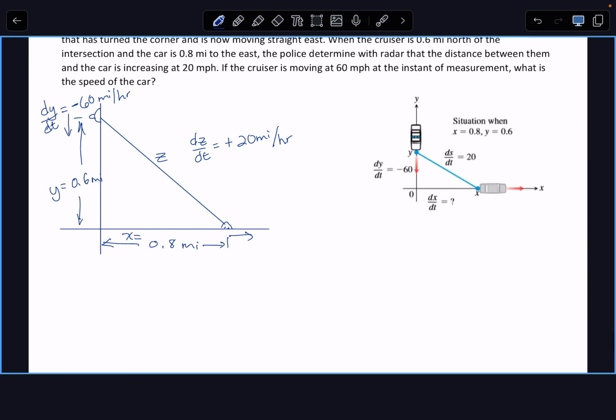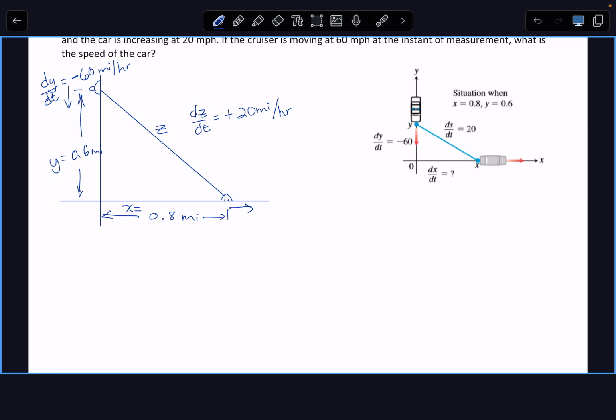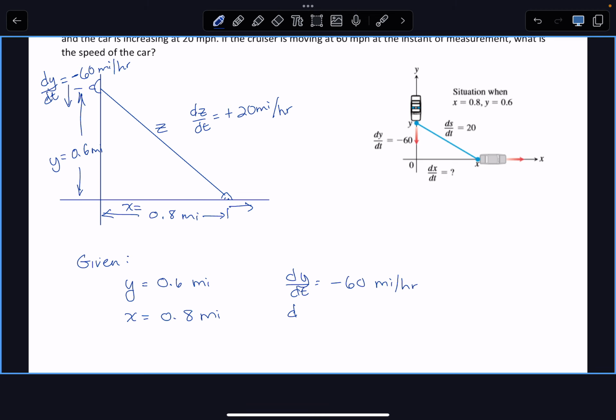Okay, so let's write down what we know just from this diagram. We know, let's see, that y is equal to 0.6 miles. We know that x is equal to 0.8 miles. We know that dy/dt is equal to negative 60 miles per hour. We know that dx/dt, we don't have that.